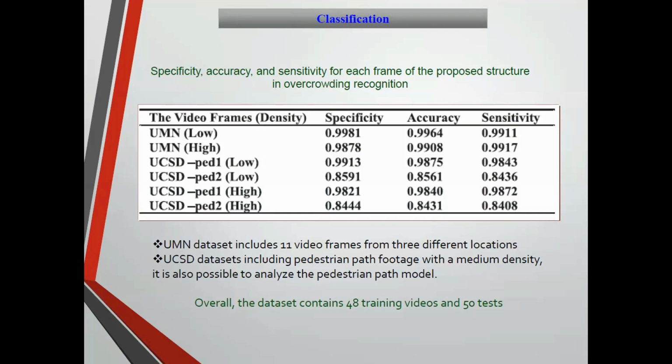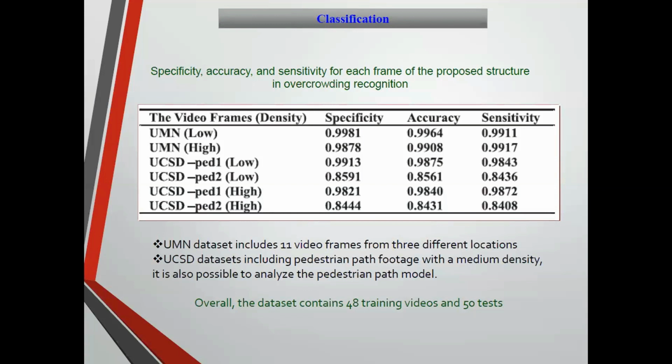The first target is specificity, accuracy, and sensitivity for each frame of the proposed structure in overcrowding recognition systems. Here you see the number of video frames, and within brackets is the density. Column 2 is the specificity, accuracy, and sensitivity.